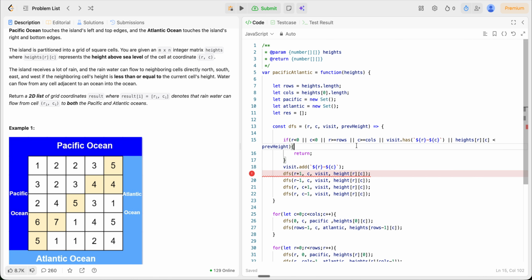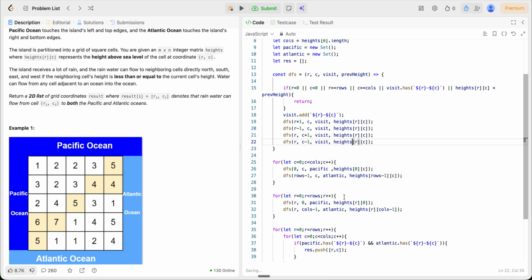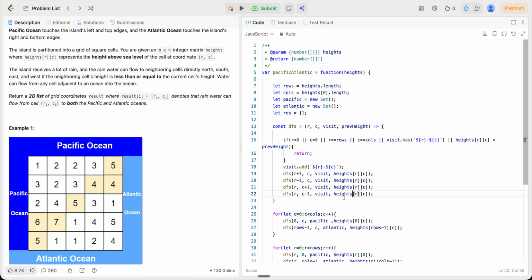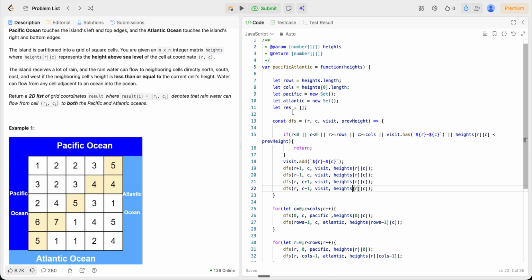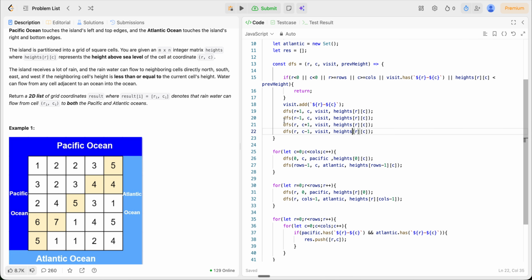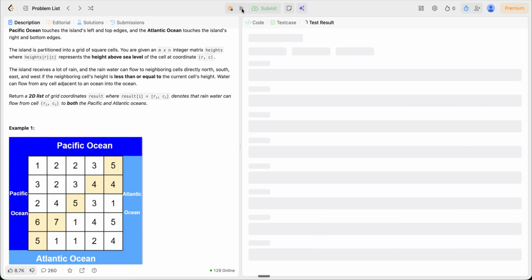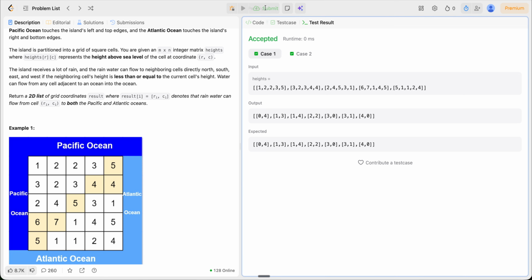Okay, I think let me change heights. So this should be working fine now. There were some typos with respect to variable naming.